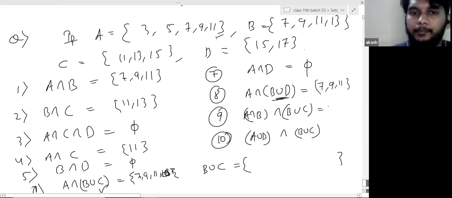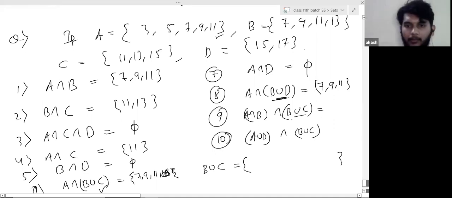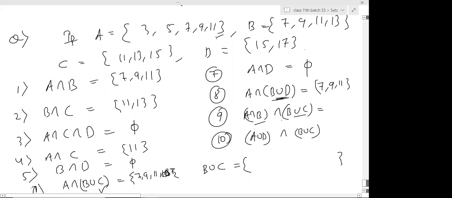And this one. Sir, it's 11 and 13. Again, solve this, then take intersection. Okay, sir. Sir, 7, 9, 11.